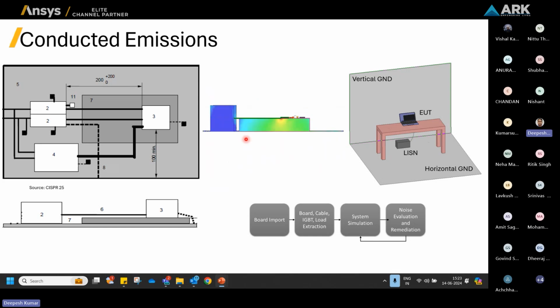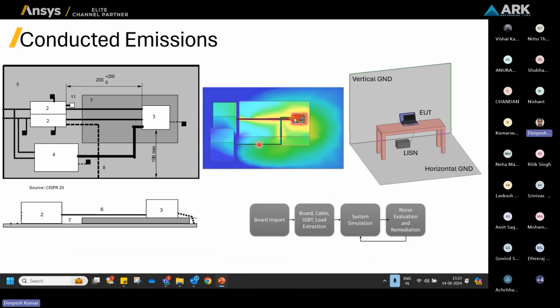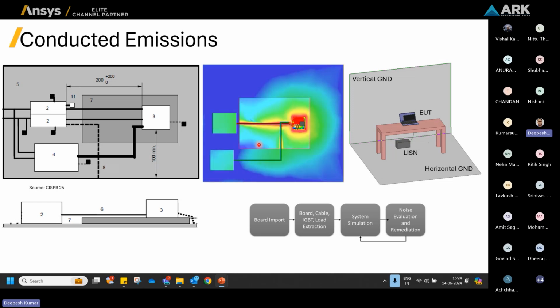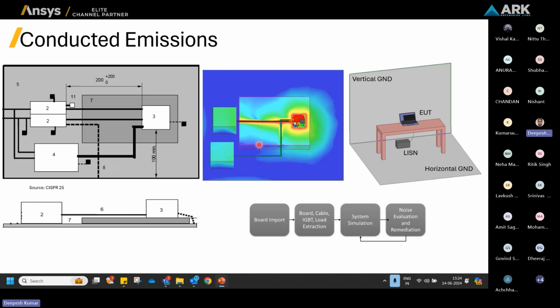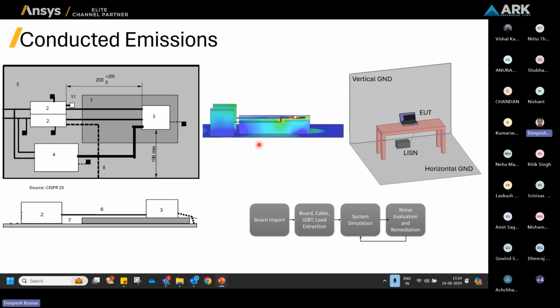All those parasitics are extracted, and later they are connected according to the schematic or the functionality of the circuit or system, and we do the transient analysis, which is already available in Nexxim circuit. With the Nexxim transient analysis, the time domain behavior of that particular system, this environment, is captured completely.